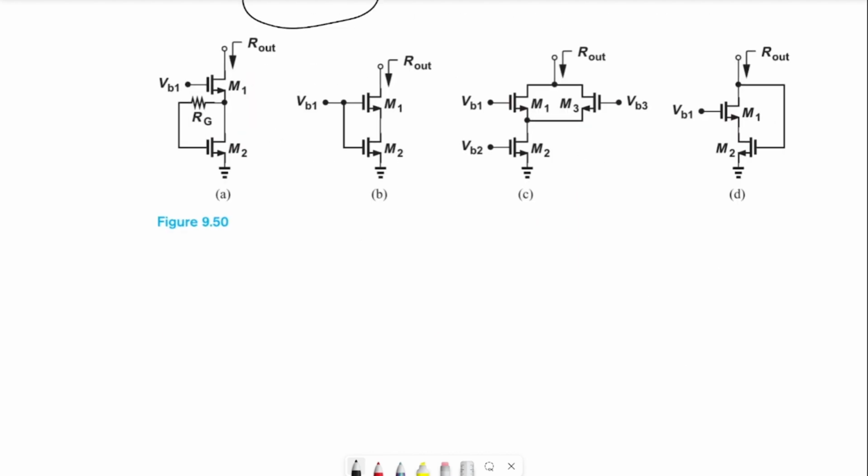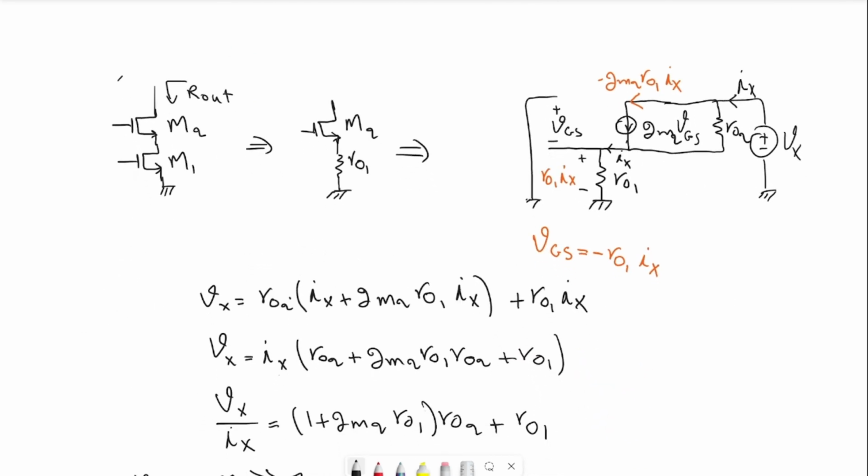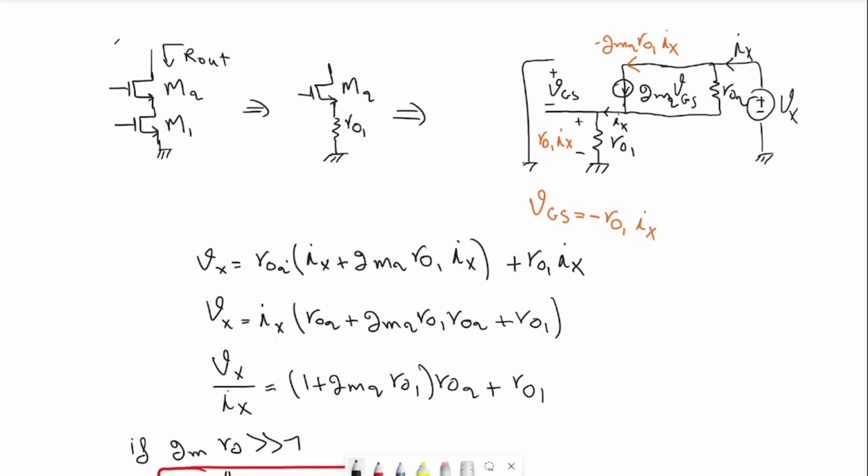I will explain the general idea, an intuitive method to get the Rout from this type of circuit very quickly, which is very important.